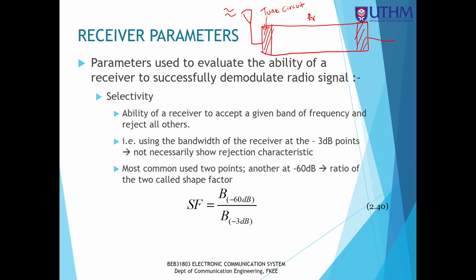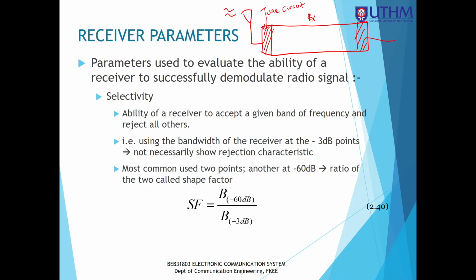But actually we don't want all the signals. We only want to select the desired signal. For example, if I want to listen to a radio station, say Hot FM, I tune to the Hot FM frequency. When I tune my radio to that frequency, I am giving the instruction to the tune circuit to tune to the center frequency of Hot FM.